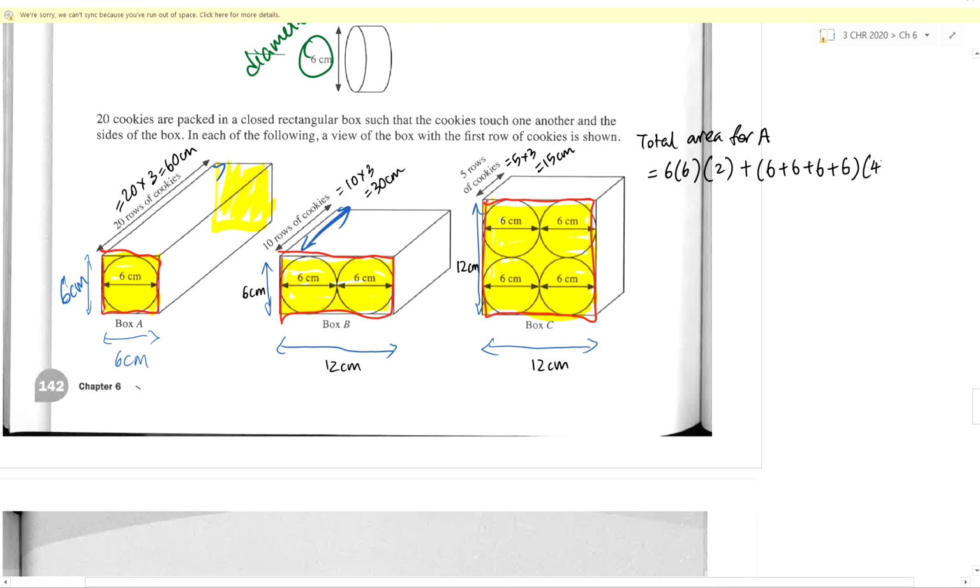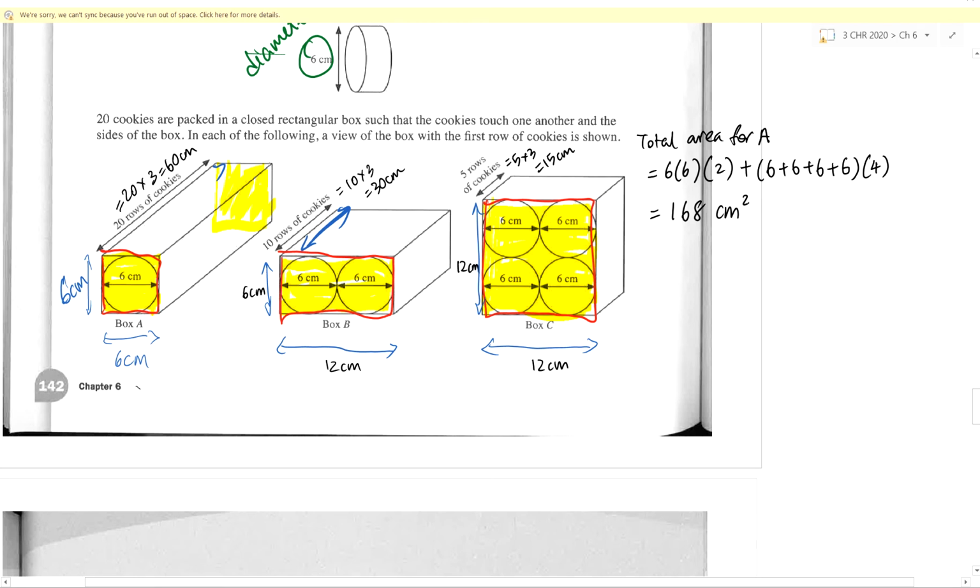Use our calculator to help us. We've got 24 plus 24 times 4. No, 36 times 2 plus 24 times 60. Okay, so we get 168 square centimeters.